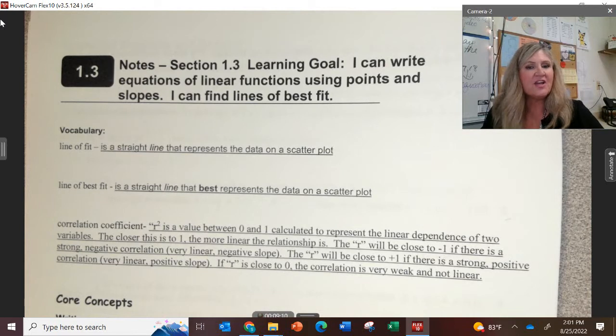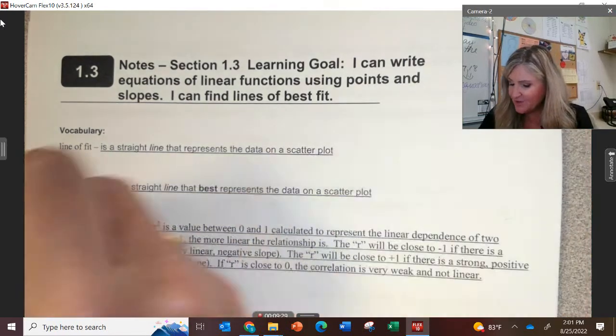Okay, guys, so we're talking about lines of best fit. We're going to be given a bunch of data, and we're going to come up with a line that best fits through that data. Sometimes we're going to have a bunch of points. Other times we're just going to have a few points. And we want that line that goes best through those points.